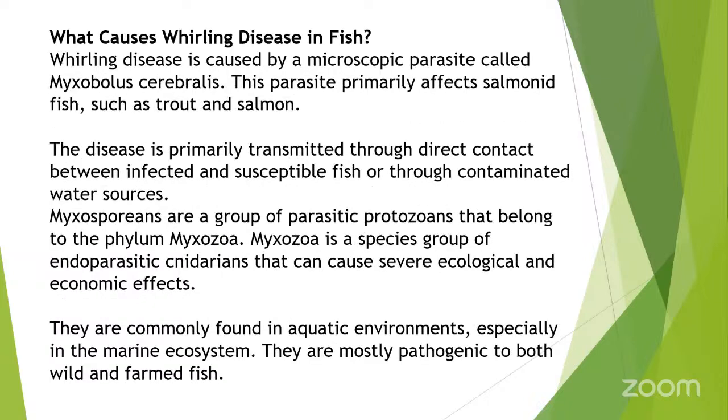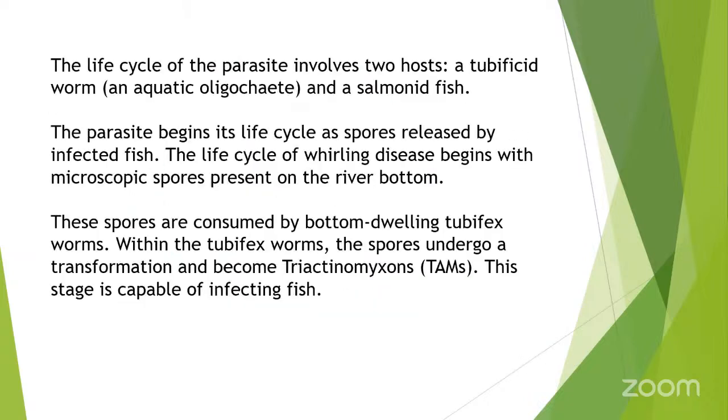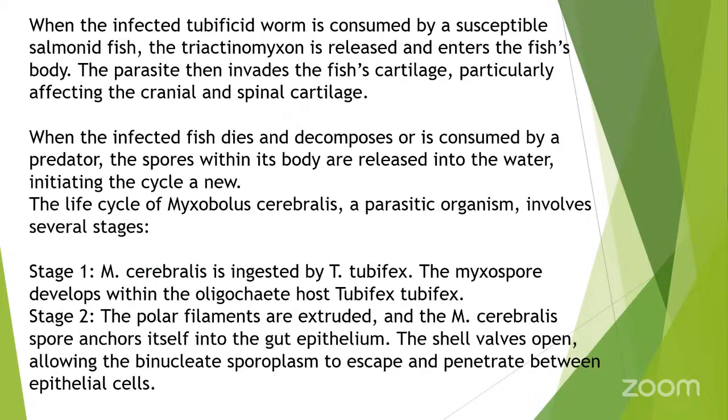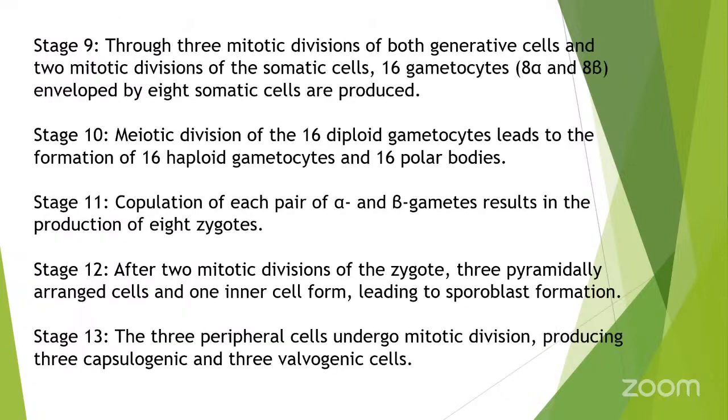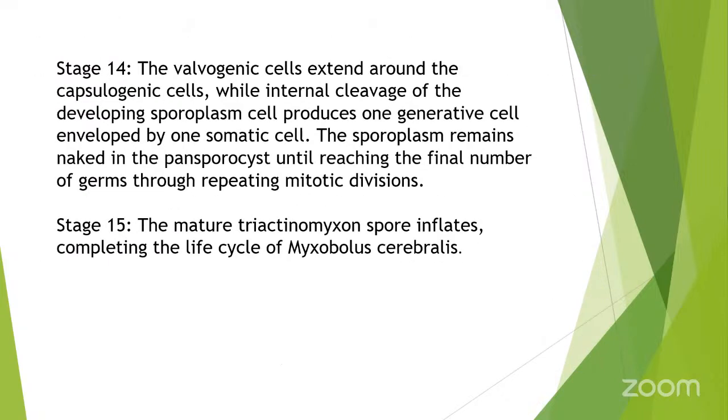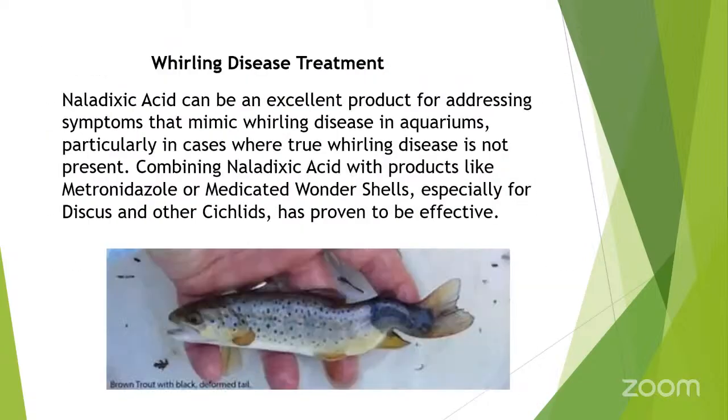And similarly, write in detail about whirling disease in fish. In the same way we have to explain the causes, causative organism, symptoms, life cycle, diagnosis, preventive measures, and the treatment. Write in detail about the whirling disease.